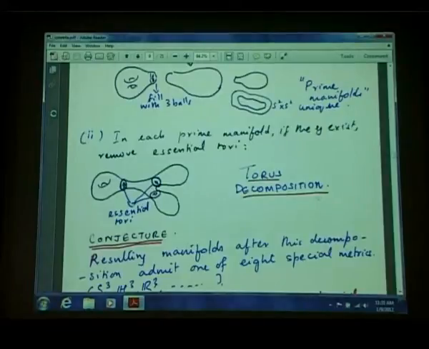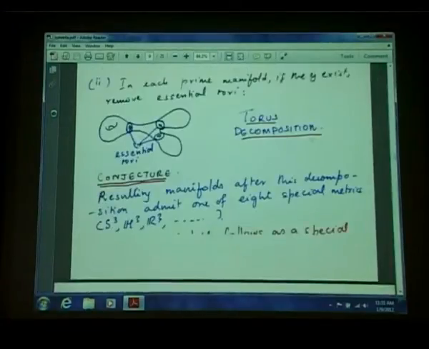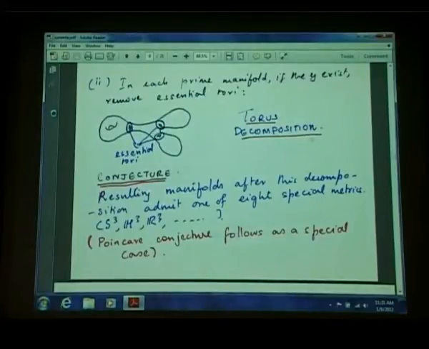Now, Thurston's conjecture says first do these 2 decompositions, and then you'll be left with all these resulting pieces. These resulting manifolds, after this decomposition, admit one of 8 special metrics. Well, those 8 special metrics are, like in your 2-dimensional case, analogous to that, which is a 3-sphere metric, hyperbolic metric, R3, and then bundles over S2, H2, and R2.